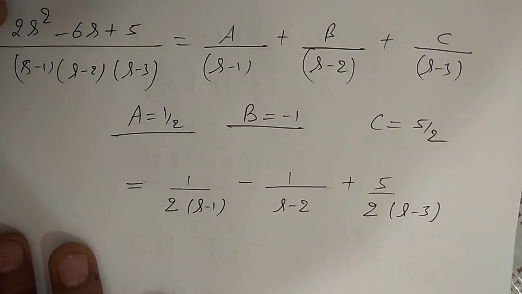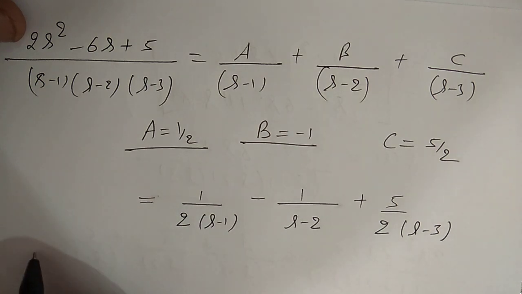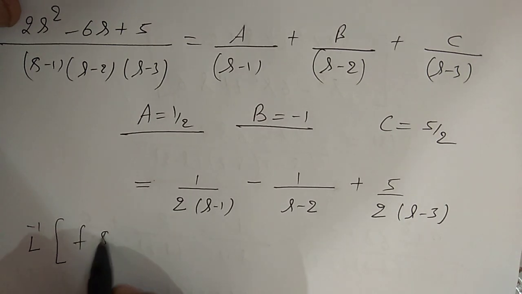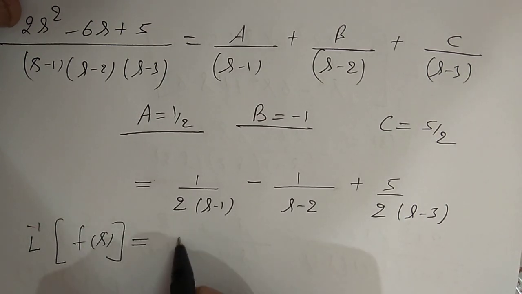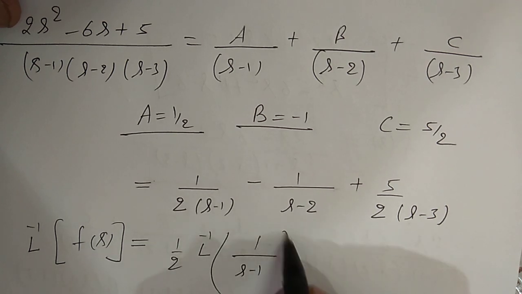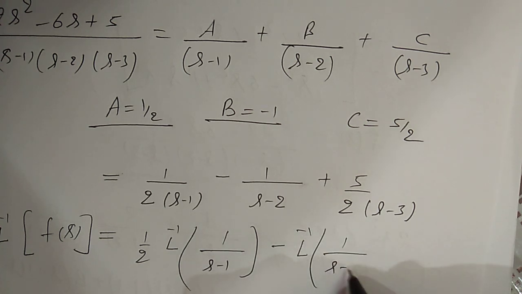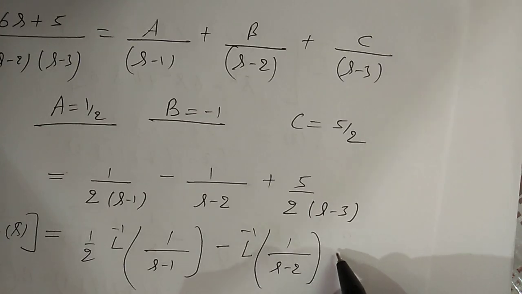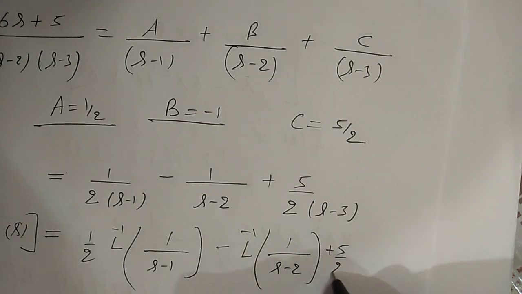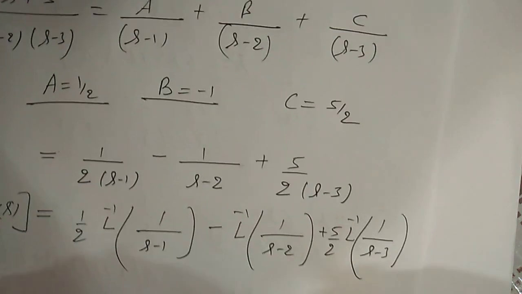Now inverse Laplace satisfies the linear property. So we apply it on both sides, left hand side and right hand side. So left hand side will be Laplace inverse of F of s, that is the given F of s, equal to 1 by 2 Laplace inverse of 1 upon s minus 1 minus inverse Laplace of 1 upon s minus 2 plus 5 by 2 inverse Laplace of 1 upon s minus 3.